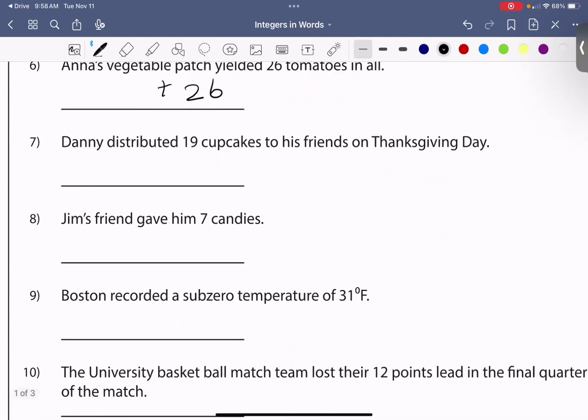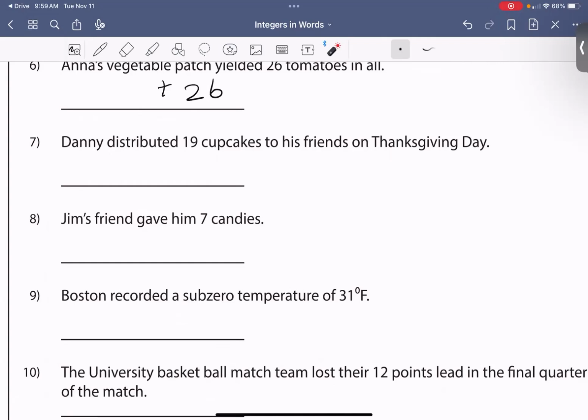Number 7. Danny distributed 19 cupcakes to his friends on Thanksgiving Day. Distributed means to give out. So the friends are receiving the 19 cupcakes. They didn't have any cupcakes, and now his friends all combined have 19 cupcakes.